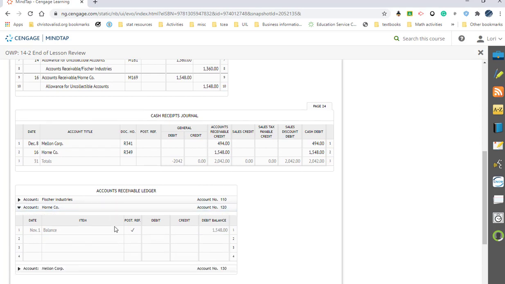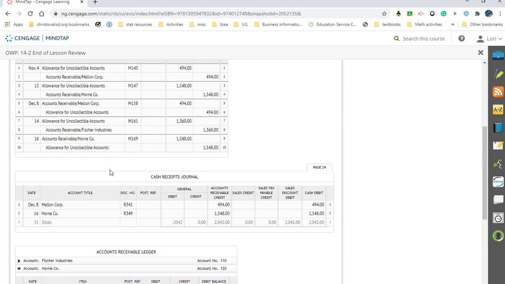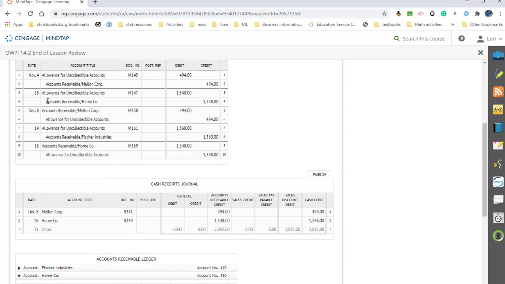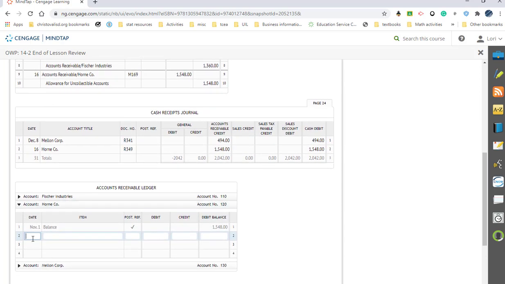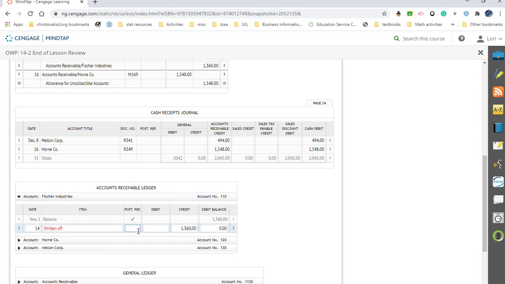Next, we're going to go to Hornco. And Hornco has a lot of things that happened. So if we look back up here, first thing that happened to them was on the 15th. We're writing off the amounts. And so on November 15th, oh, and I forgot to post-reference that.